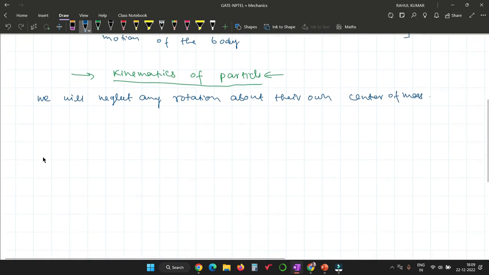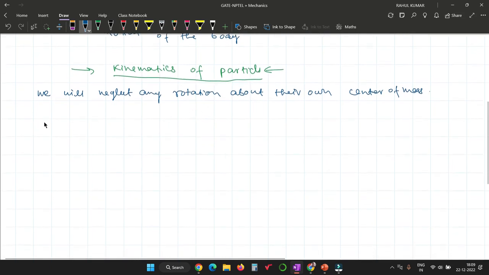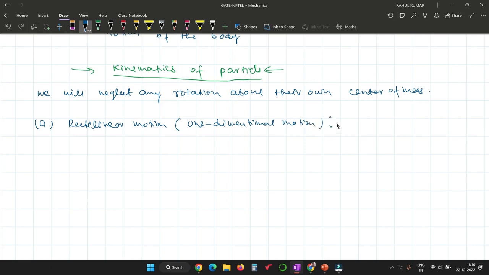Okay, so in the kinematics of particles, first I will discuss rectilinear motion. It is also called one dimensional motion. Okay, so what is rectilinear motion? Can you tell me? Motion in a straight line, sir.